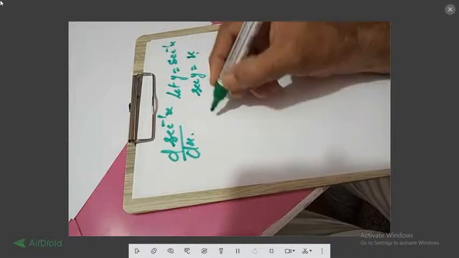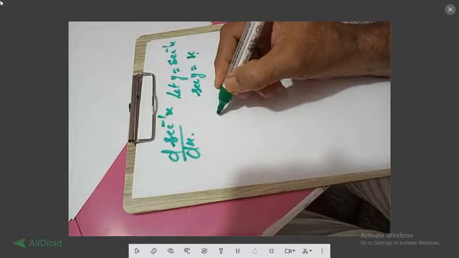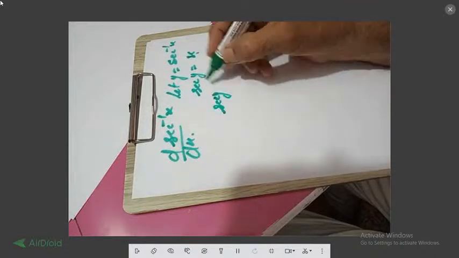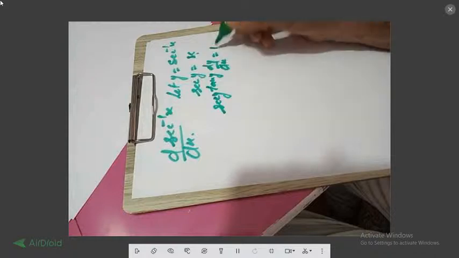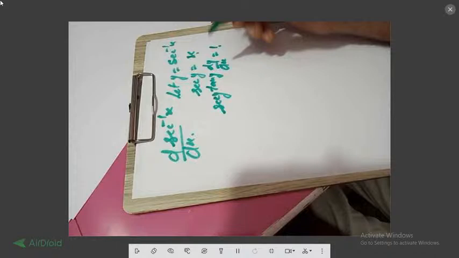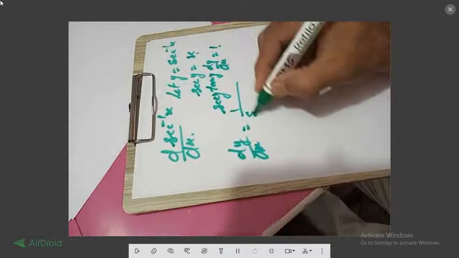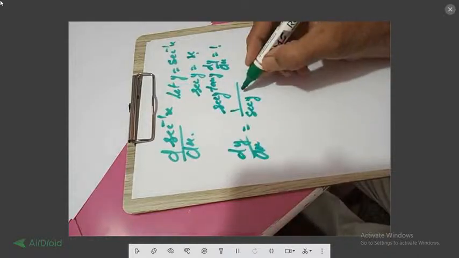Then the differentiation of secant y becomes secant y tangent y dy by dx is equal to 1, and dy by dx becomes 1 oblique secant y tangent y.